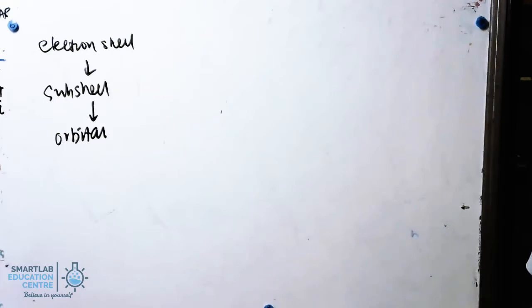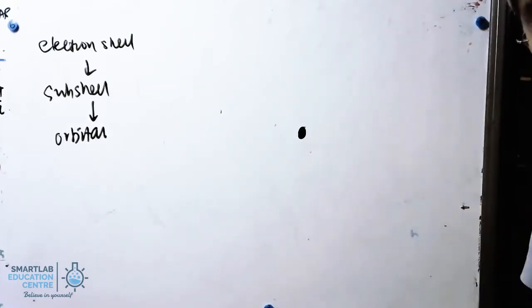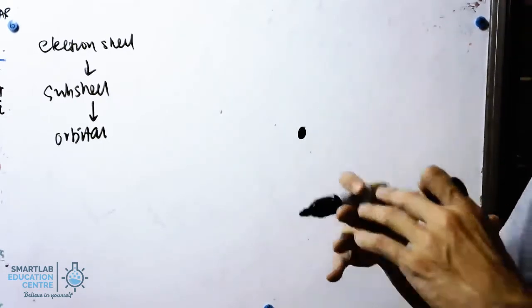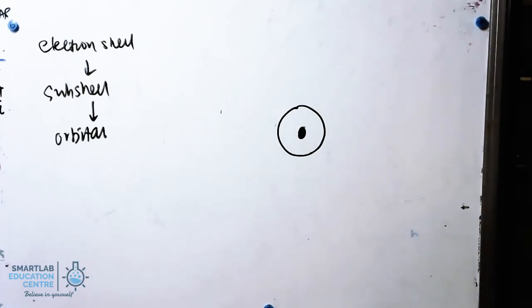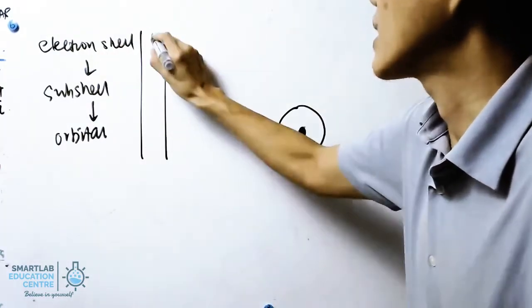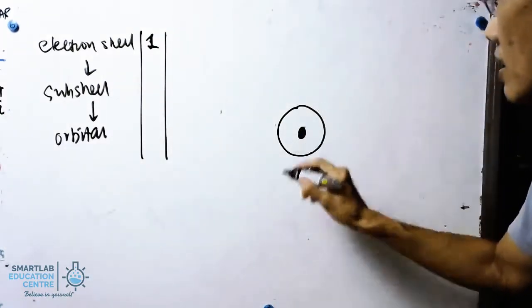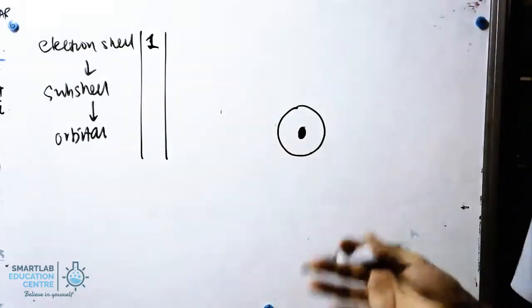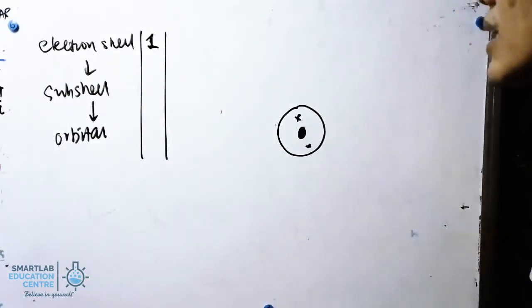So let us start off by looking at the first electron shell. Let me represent this dot as the nucleus, all right? In the immediate space around it, you need to house 2 electrons, because we know the first electron shell can house a maximum of 2 electrons. It makes sense for it to use the immediate spherical region to put the 2 electrons inside, all right?